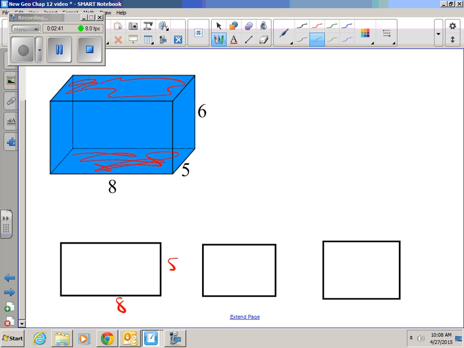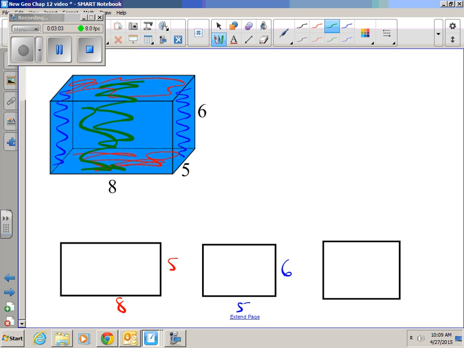I'm then going to have two lateral faces that are the same. Those are 5 by 6. And I have two more faces, a front and a back, that are green here. It's kind of hard to picture. But those are going to be 6 by 8.